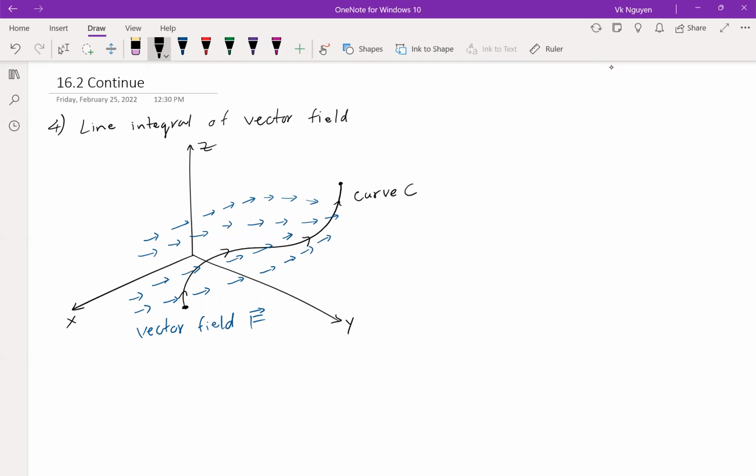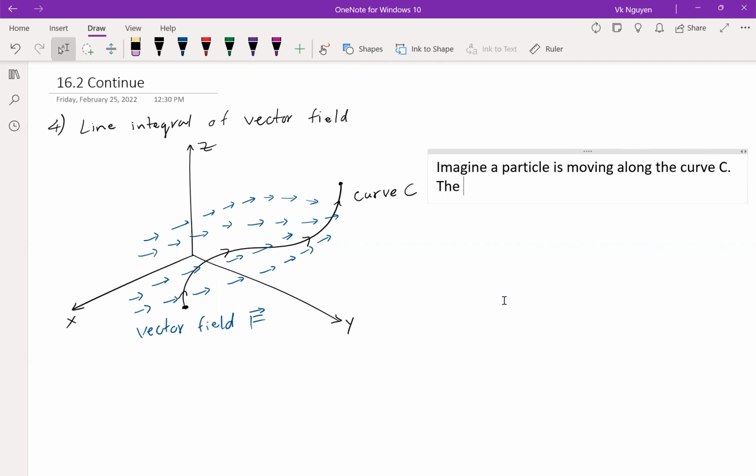Imagine that a particle is moving along the curve C. The vector field pushes the particle to move in the direction of the tangent vector.